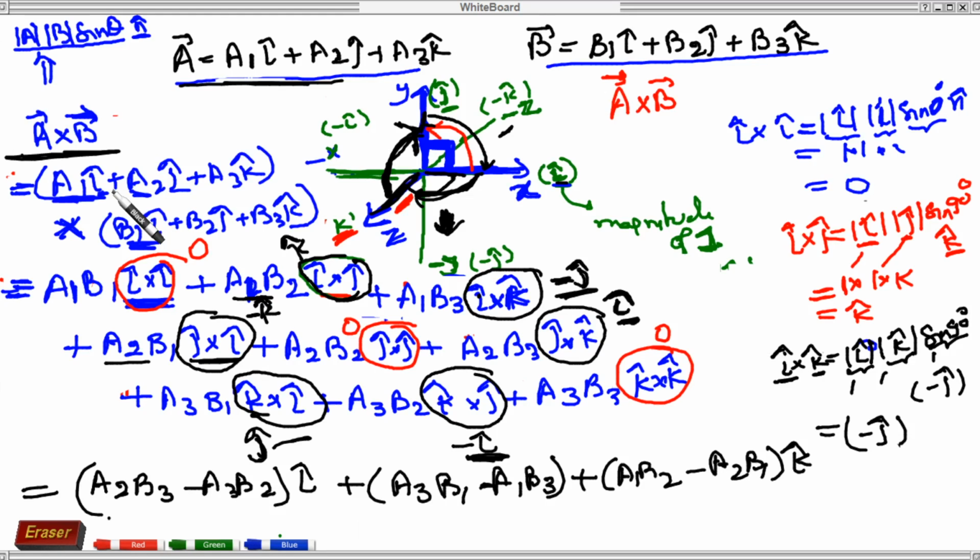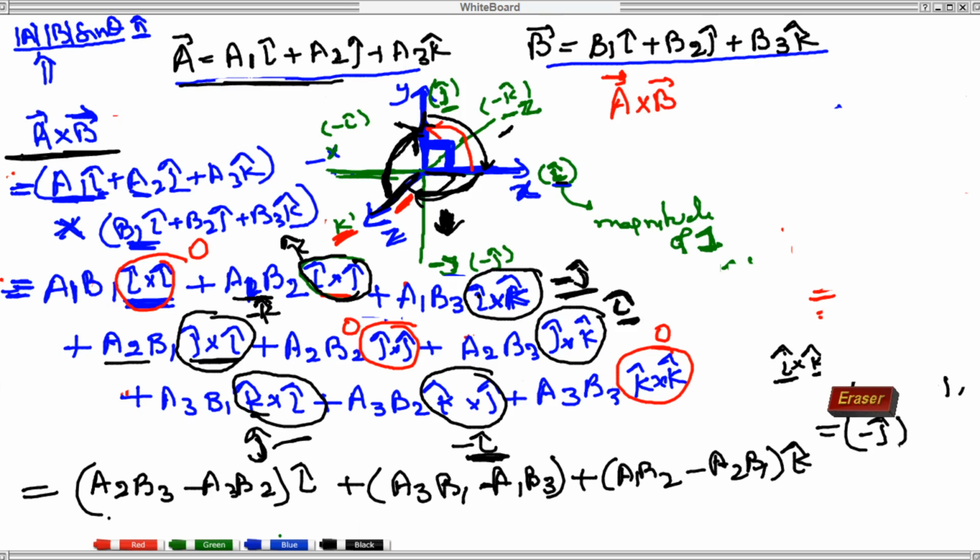For this type of cross product, there is also a determinant rule. I think you might be familiar with determinants. Either you can do it like this, or there is one determinant rule.